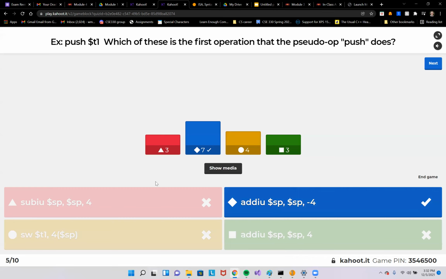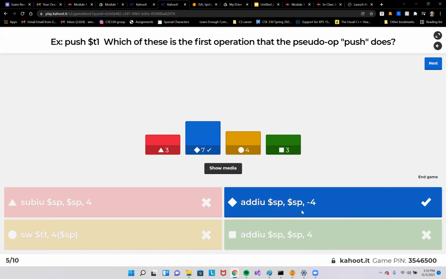And the reason is that SUBIU isn't actually an instruction. Instead of using SUBIU, you just use ADDIU with negative numbers. So instead of doing a SUBIU with 4, you just do ADDIU with -4.